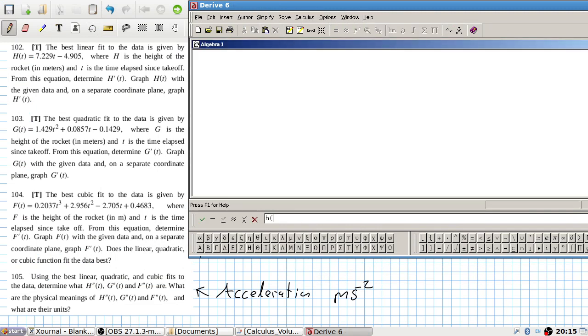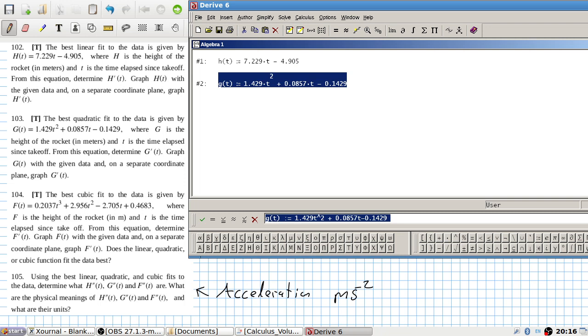We have h(t) is 7.229 t minus 4.905. Then we have g(t), it's not capitalized, okay, 1.429 t squared plus 0.0857 t minus 0.1429.